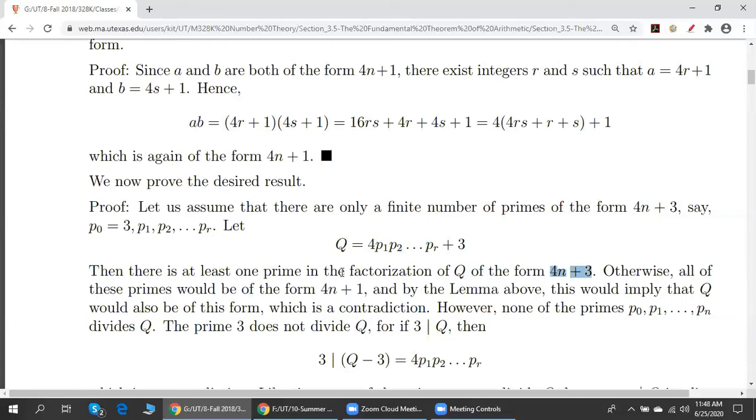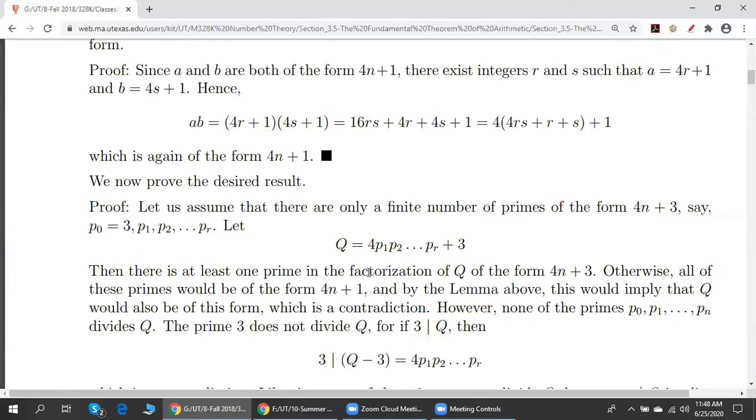First of all, observe that any integer is either of the form 4n or 4n plus 1 or 4n plus 2 or 4n plus 3 by the division algorithm. So for any integer, there are only 4 possibilities.